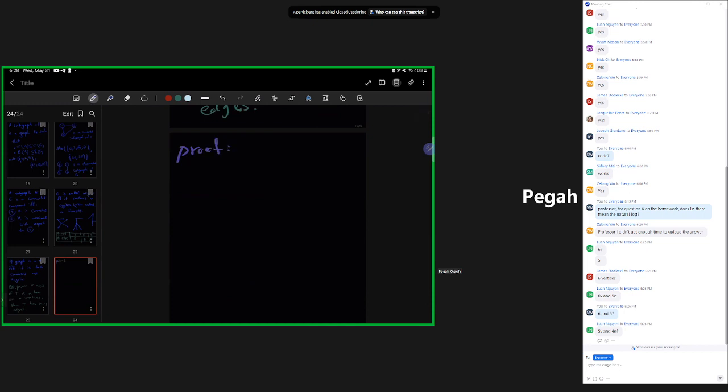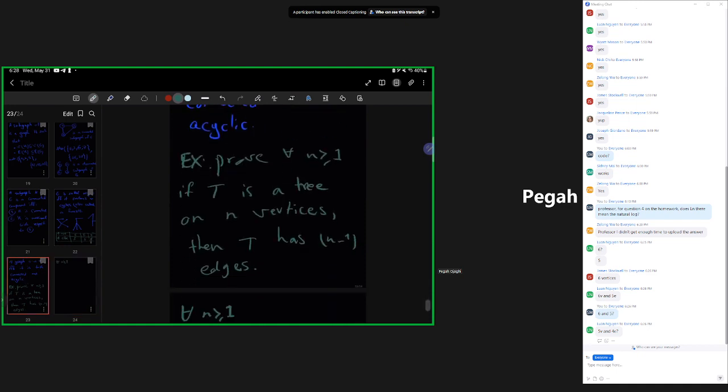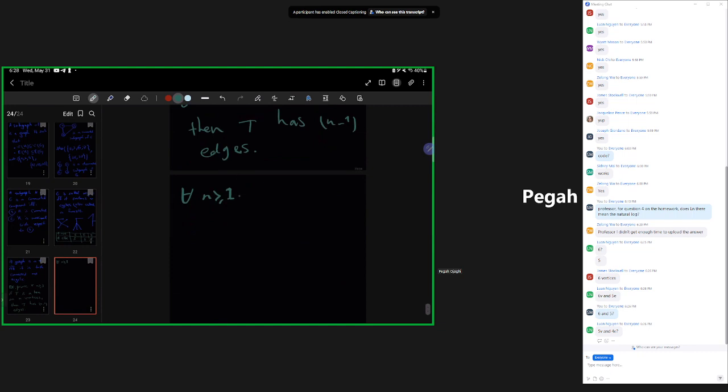So how do you prove it? Let's write it in a better way. First of all, before writing the proof, let's write it in a mathematical way. We say for any n greater than or equal to 1, if the number of vertices of T is equal to n, then the number of edges of that tree is equal to n minus 1.